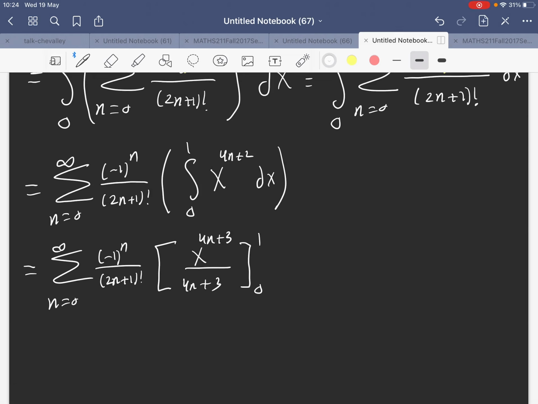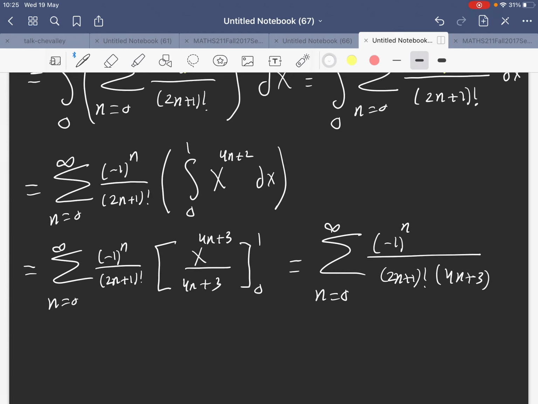Now we have to substitute 1 and 0. If we substitute 0, there will be nothing, so we substitute just 1. And if we did 1, it will be (-1)^n over (2n plus 1) factorial times (4n plus 3). Now this is the summation.